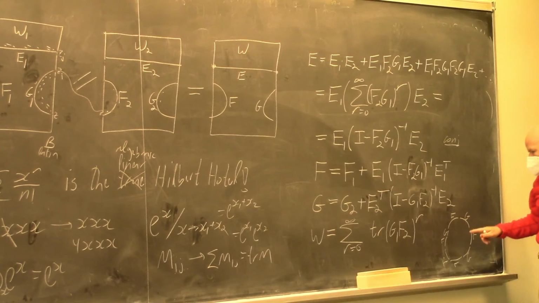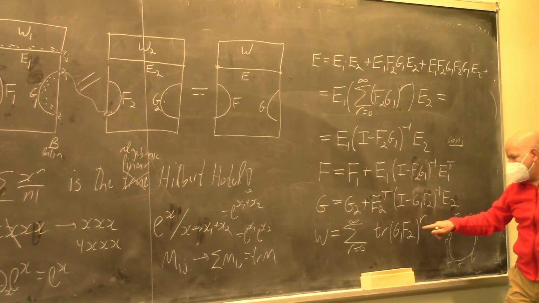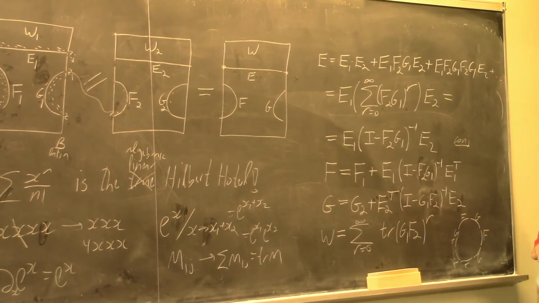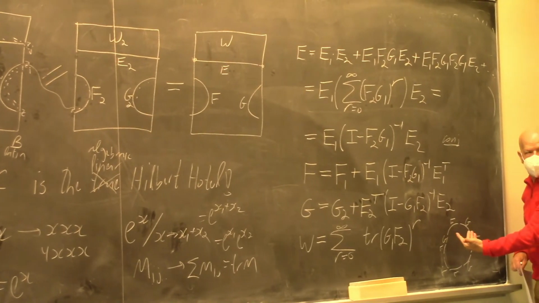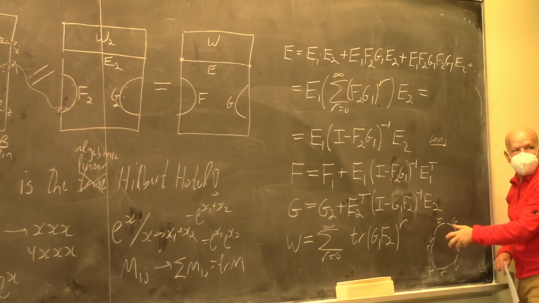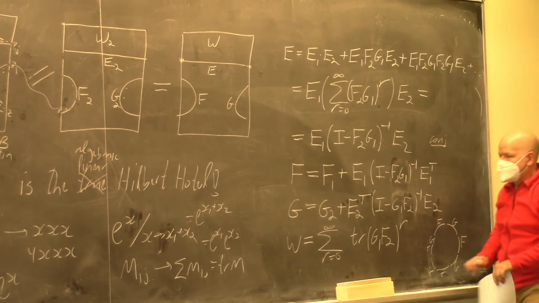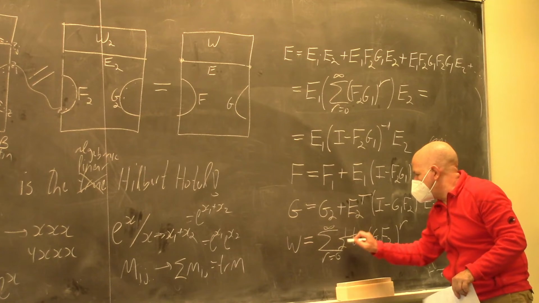So anyway, if you have a cycle of length r, it has 2r symmetries, because you can flip it over and you can rotate it r times. So the coefficient here should be 1 over 2r.